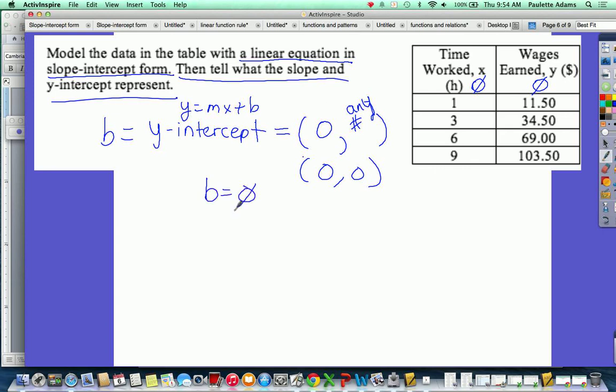Now we've got to find our slope. Again, they give us a table, no graph. So what are we going to use to find the slope? What's the formula, folks? m equals, remember that's the form, we need the formula. How do we find slope?